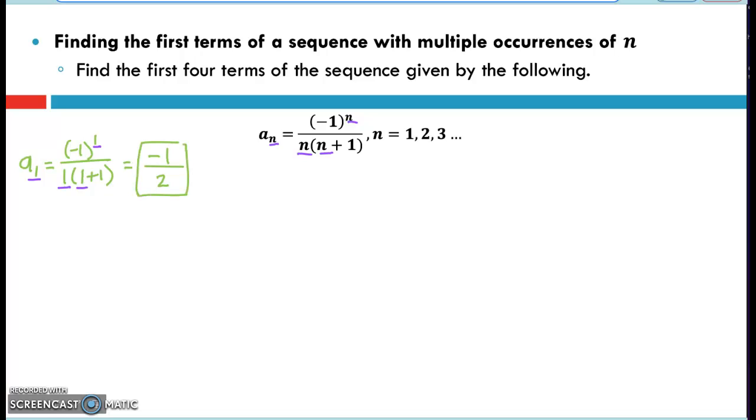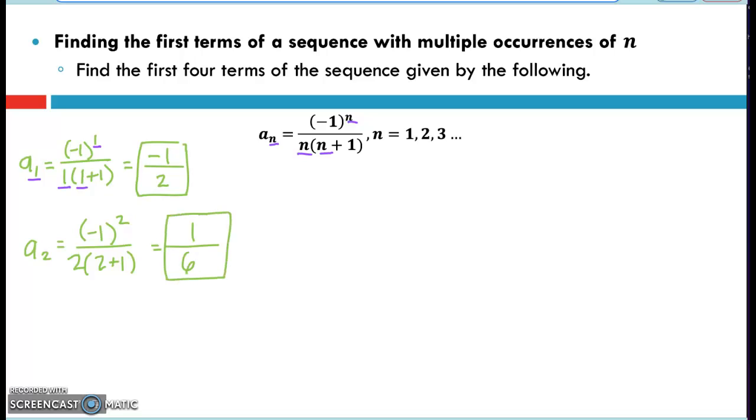So that's the first term. My second term is going to be -1 squared over 2 times 2 plus 1. Now that becomes a +1 over 2 times 3, which is 1/6.